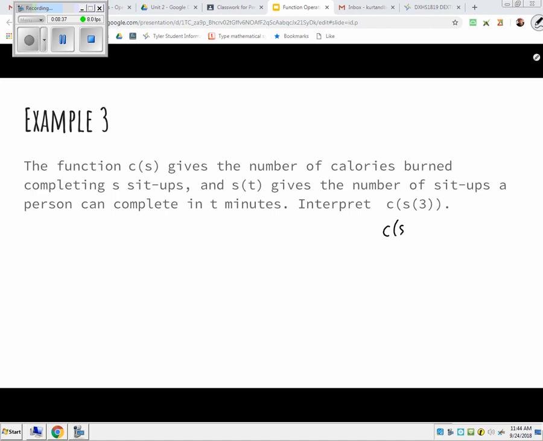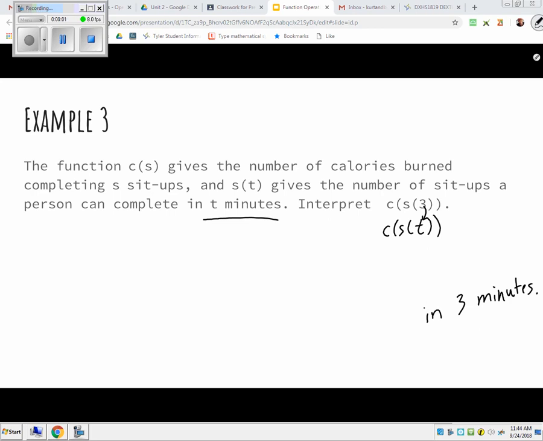Realize before I plugged in that 3, I had c of s of t. So my 3 got plugged in for my t, where t is the number of minutes.